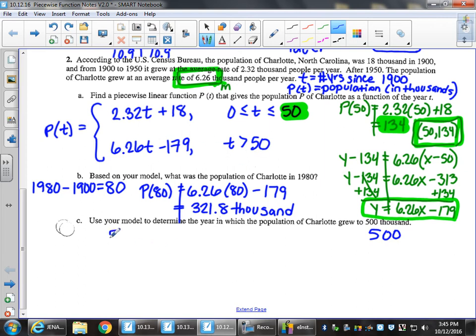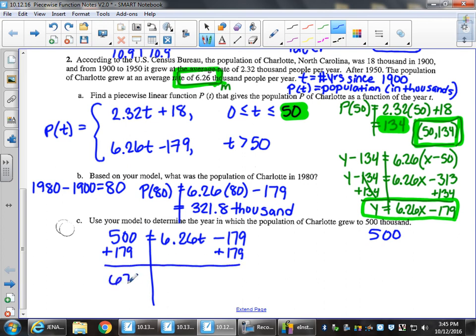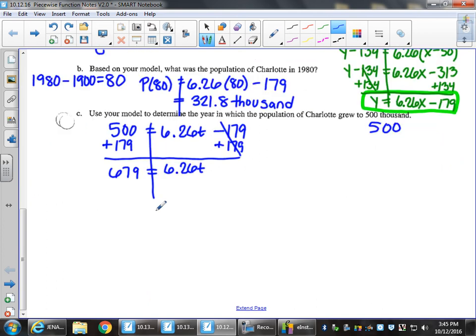So we're going to set 500 equal to 6.26t minus 179, and we'll solve. So we're going to add 179 to both sides. So I have 679 equals 6.26t. We'll divide by 6.26.